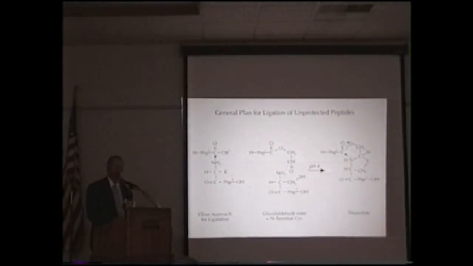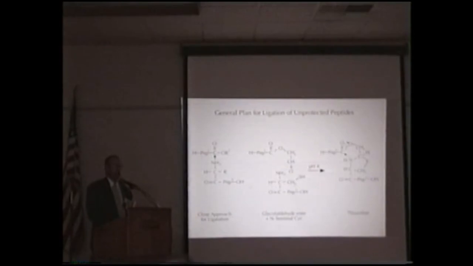can be synthesized, all by the stepwise method that I've been talking about, where you just add one amino acid at a time. Now what people would like to do is the so-called ligation method, which really reverts to that very first slide I showed, where you make segments and put them together instead of individual amino acids.